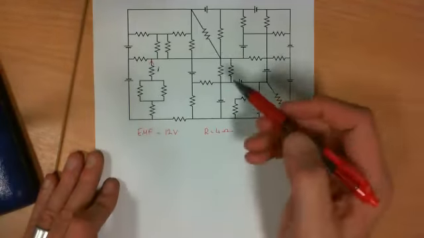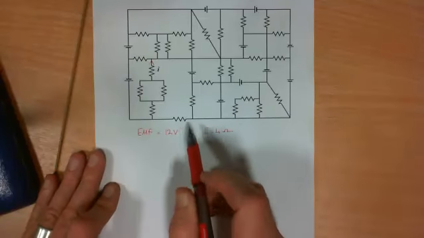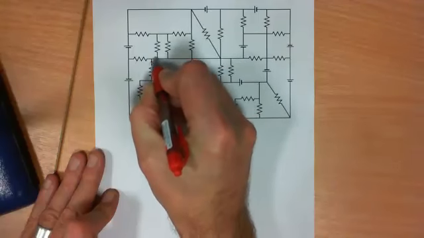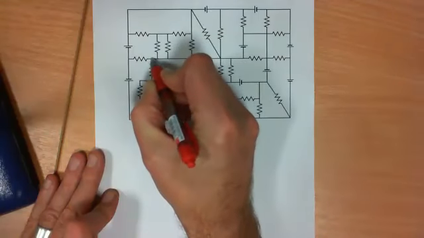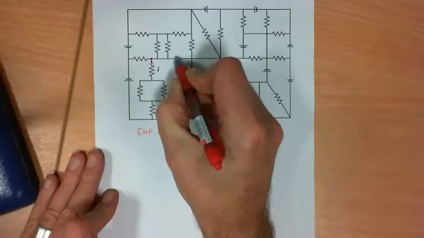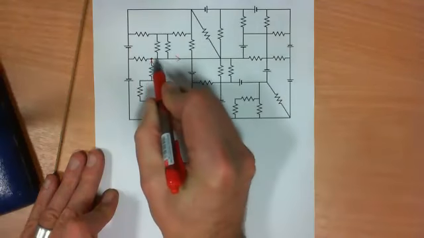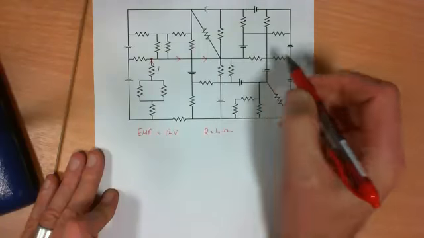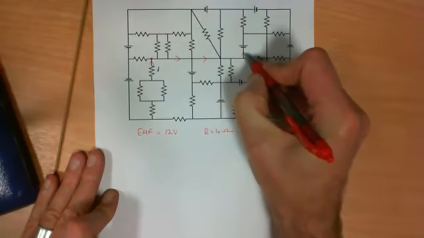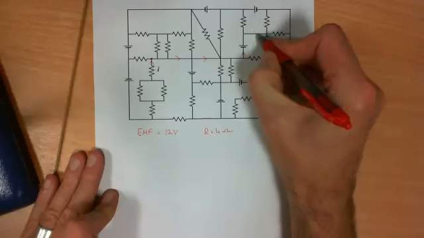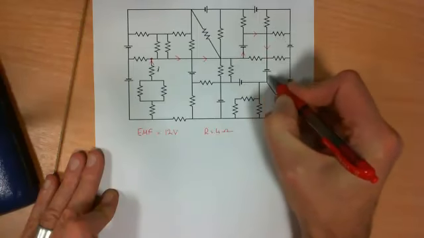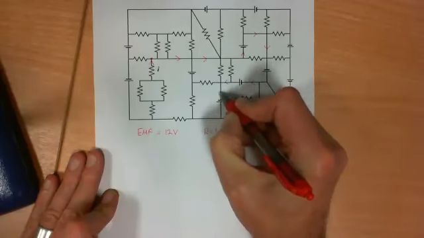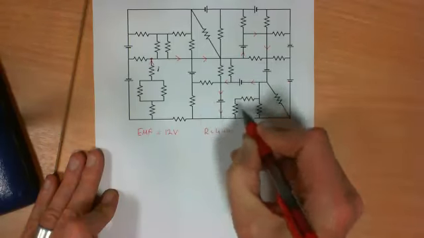So let's have a look at this circuit and have a look at a route. If we go up through the route, we'll start at this point here, we'll go in this direction, keep going in this direction, go up through this EMF, across, down, again down through this EMF, and then across, down, down.